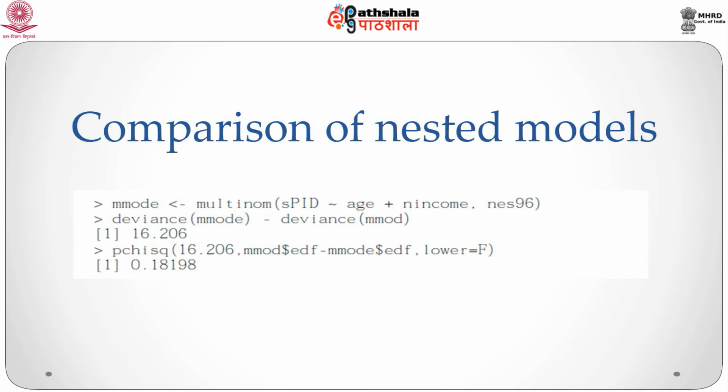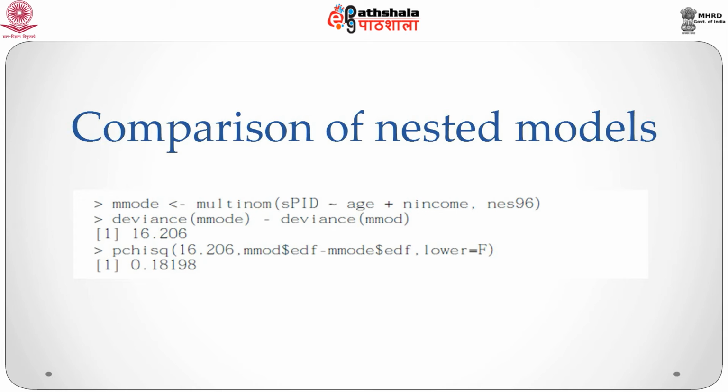Now, as with the logistic function, we can also do several model choices on the multinom function. So, for example, we could use the function step to conduct a stepwise search method of the optimum set of covariates. On this slide, we have used standard likelihood based methods, which is the likelihood ratio, to compare nested models.